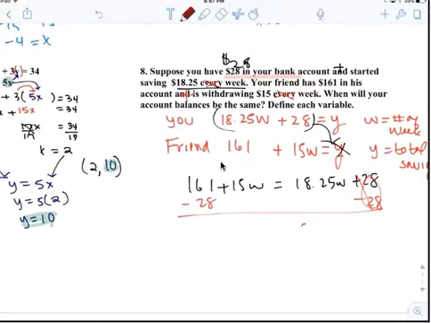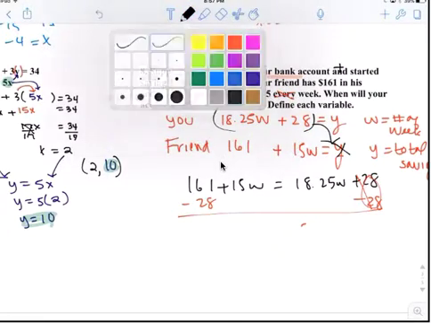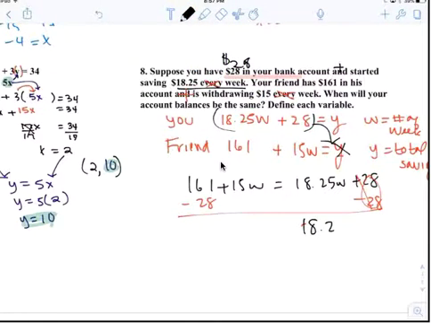18.25 W equals 15W. Okay, and then we don't like the decimal.